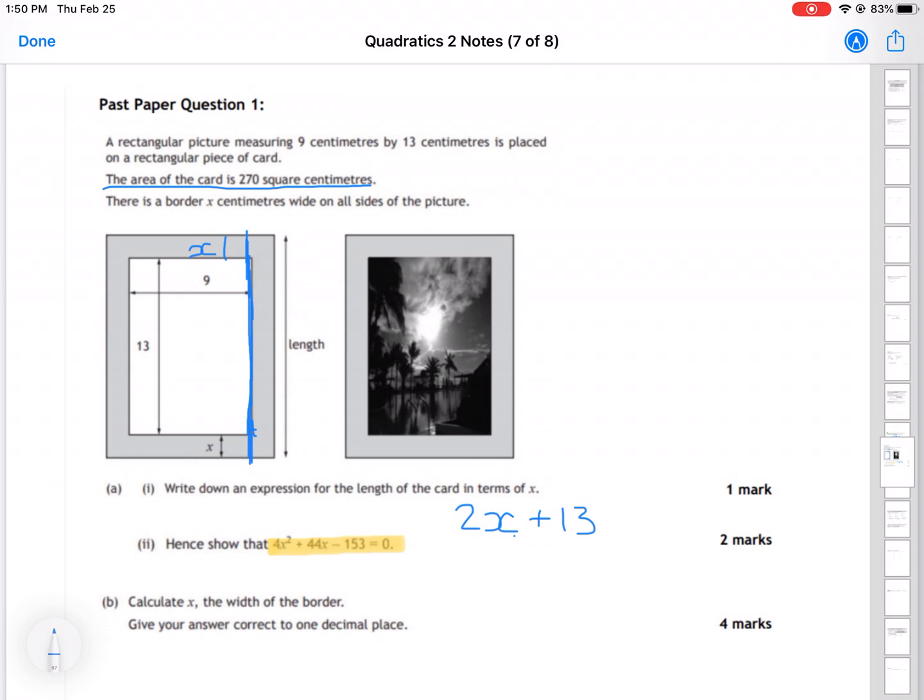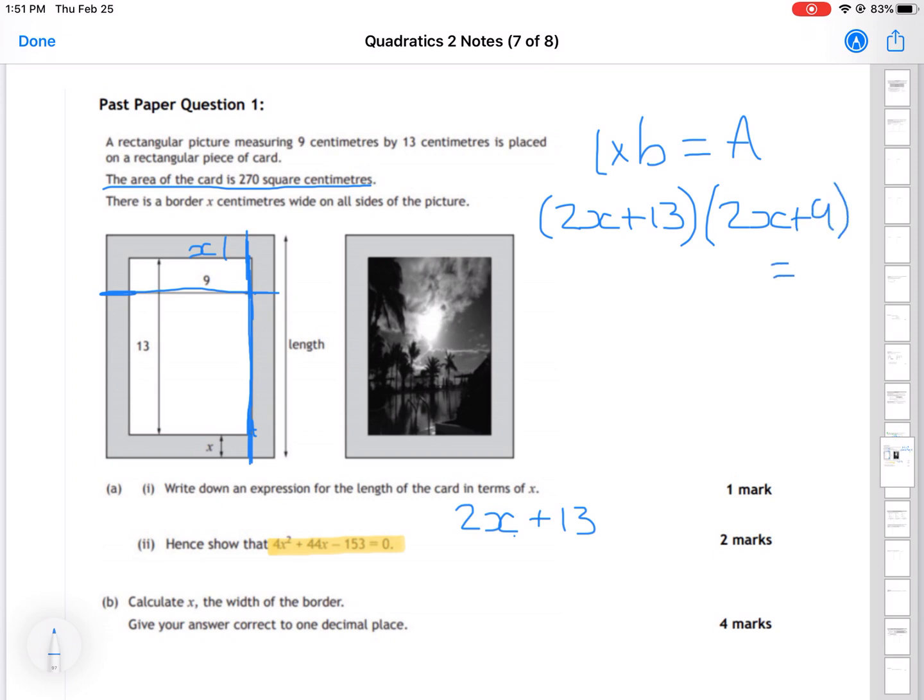Okay, so what we can say then is that length times breadth equals area. So that will mean that the length, which we know is 2x plus 13, times the width of the card, which is 2 x's, one on either side, plus 9, is all equal to the area, which is 270.